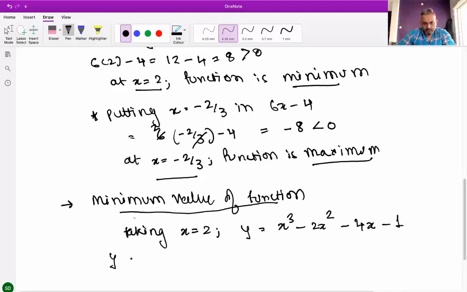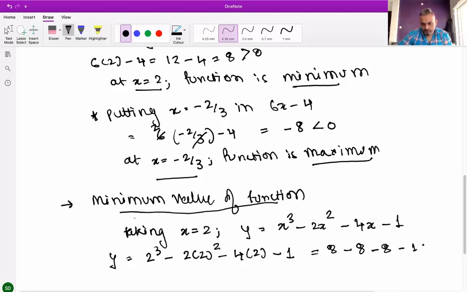So y is equal to 2 cube minus 2 into 2 square minus 4 into 2 minus 1, which is equal to 2 cube is 8, 2 square is 4, 2 4s are 8, so 8 minus 8 minus 4 2s are 8 minus 1, which is equal to minus 9.